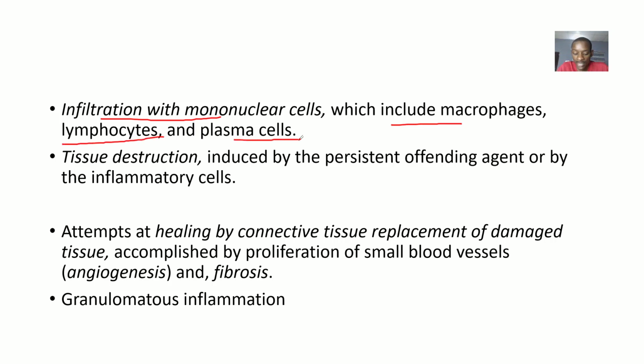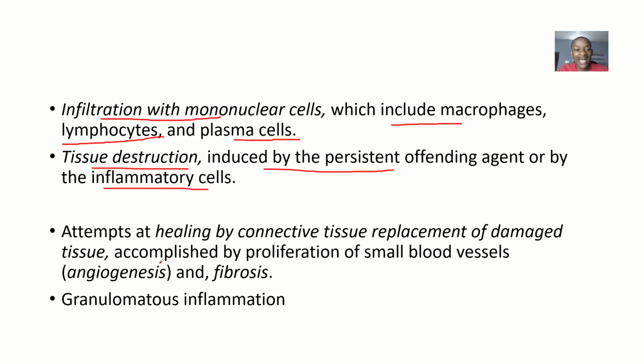So at a place where you find chronic inflammation, you should find all these cells there. There's tissue destruction, and this tissue destruction is induced by a persistent offending agent. It has been there for a long time. It has been persistent. So there's tissue destruction which is induced by a persistent offending agent or by inflammatory cells.